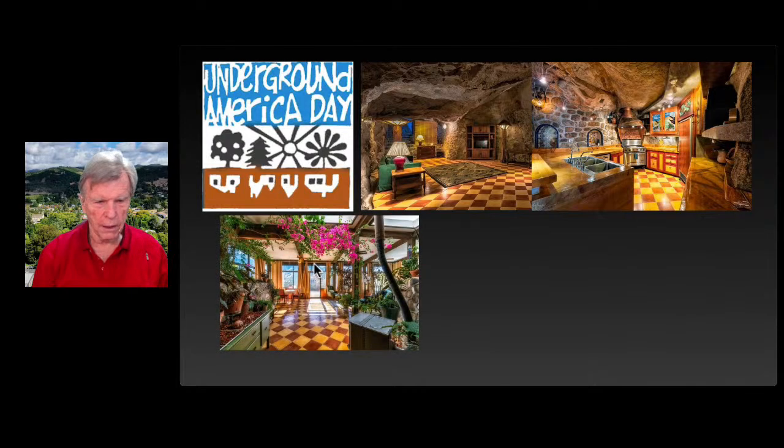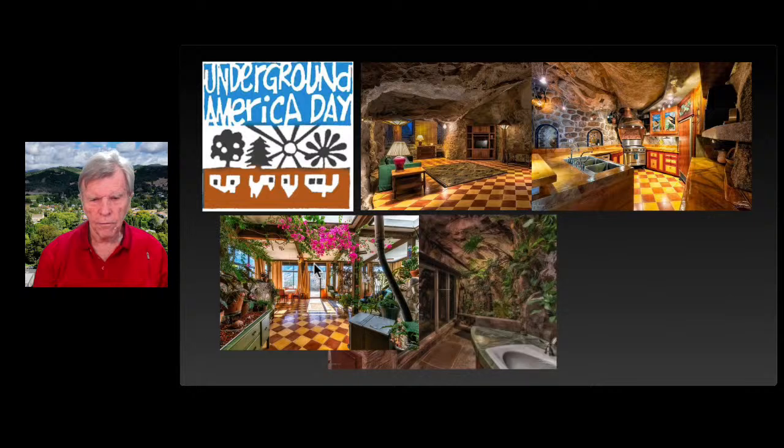Their light gathering room here, which is probably facing south, so it can get passive solar gain into the tile floor. In the bathroom, actually the hot tub is powered by a natural hot spring, which is something that a lot of underground houses probably wouldn't be able to do.